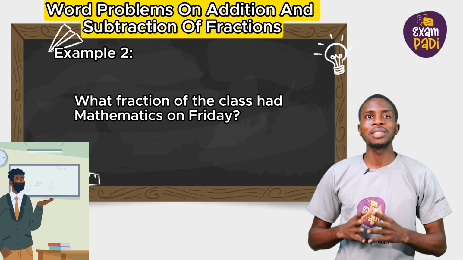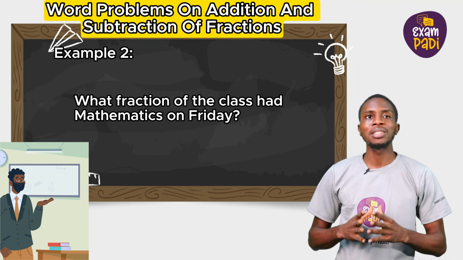The fraction called by the principal equals 1 over 6. The fraction of the class that had mathematics equals the fraction present minus the fraction called by the principal, which is 9 over 10 minus 1 over 6.